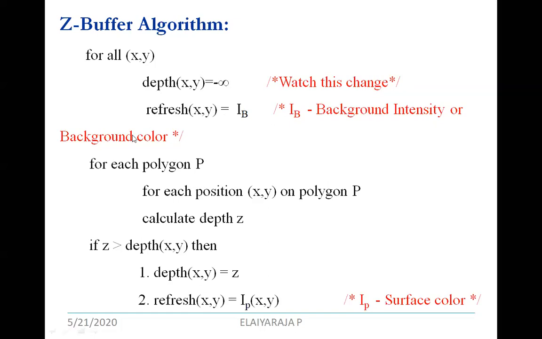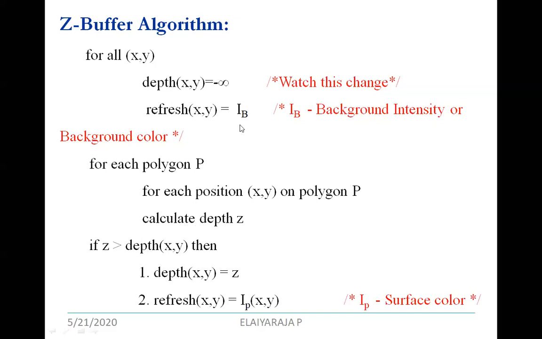For each polygon P, for each position of the current pixel x, y on the polygon, calculate your depth value. Suppose your polygon is a triangle. For each position of the x, y pixel on the triangle, you have to calculate the depth value.